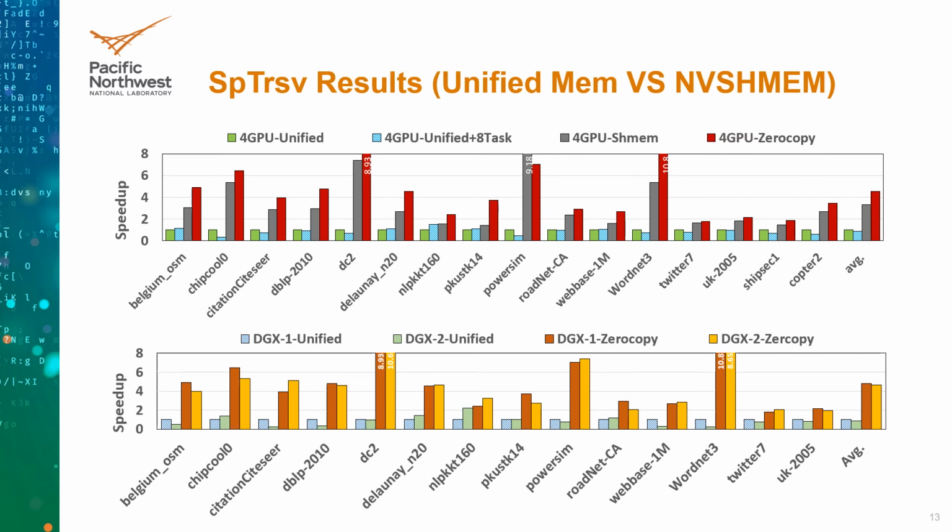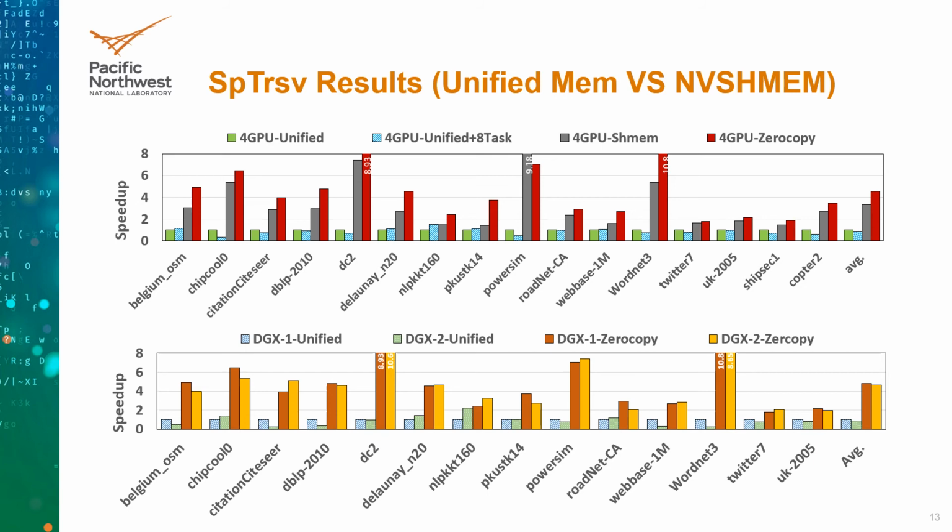This slide shows the performance results comparing with the HPC approach and the unified memory approach. The top one shows the comparison results on the DGX1 across different mechanisms, and the bottom one shows the comparisons between the DGX1 and DGX2 systems compared to unified memory.